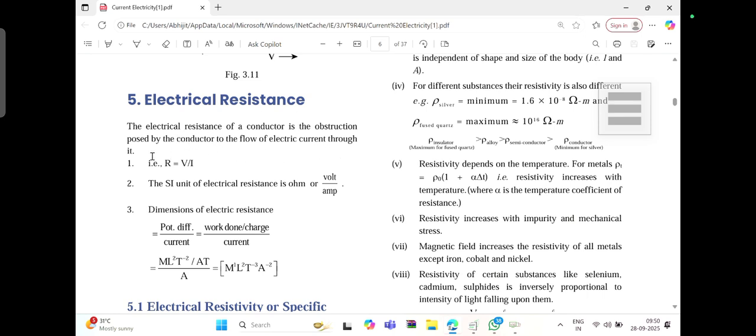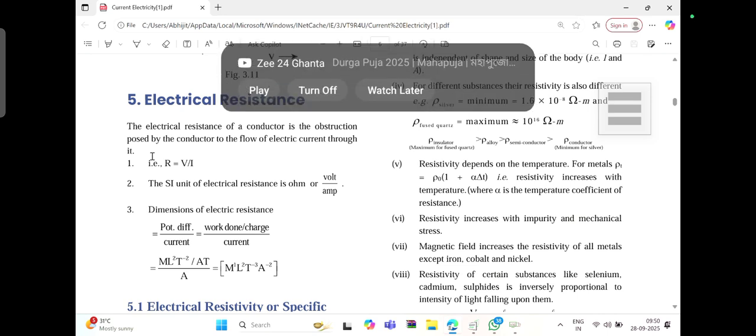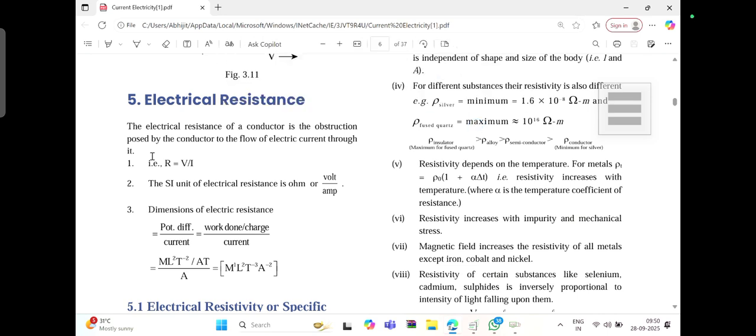As I told you before, the kernels of atoms obstruct the motion of electrons, and that is called electrical resistance. R equals V by I, an equation we have already studied. The SI unit of electrical resistance is ohm, volt per ampere, where the unit of V is volt and I is ampere.